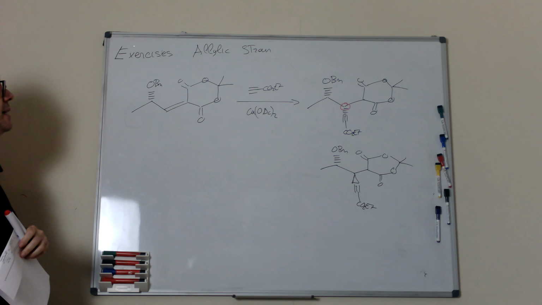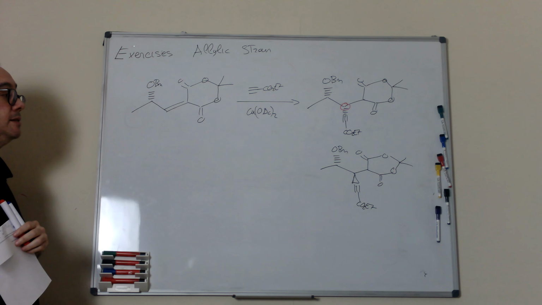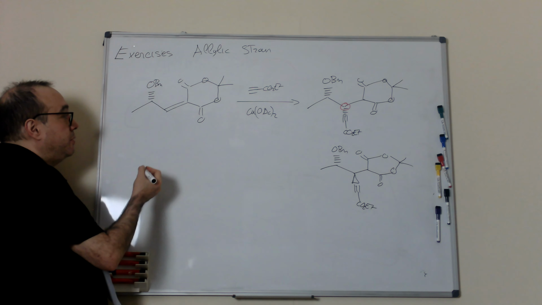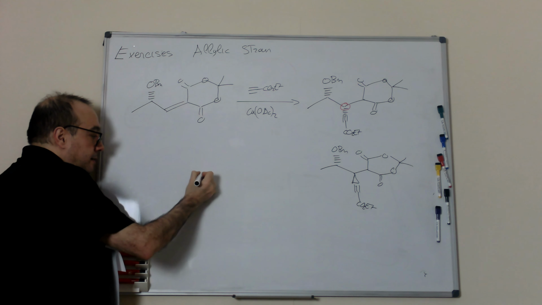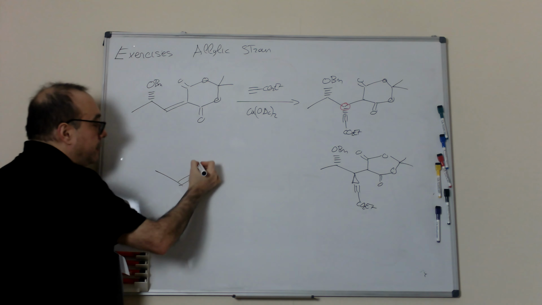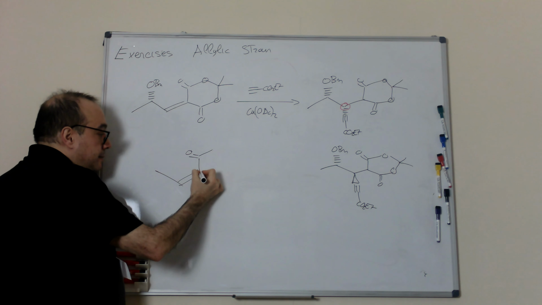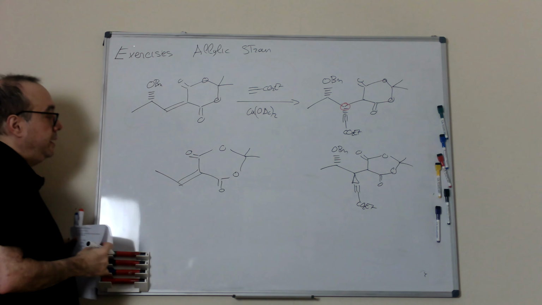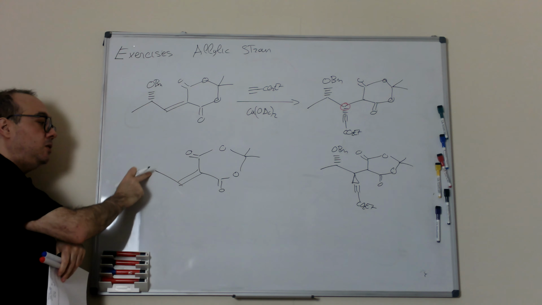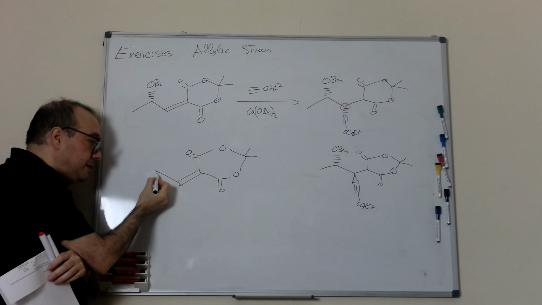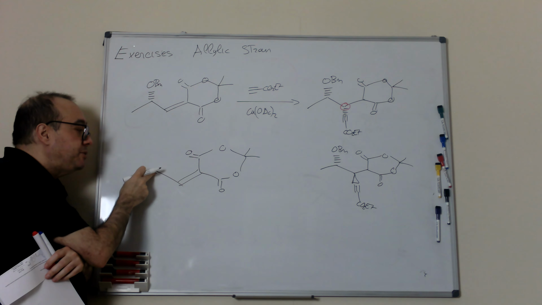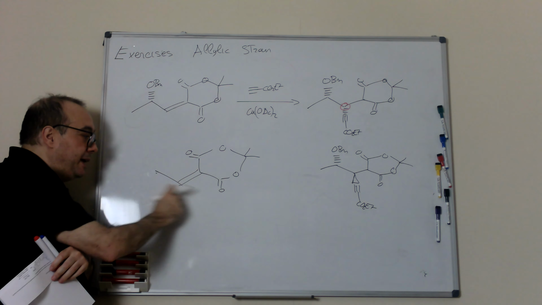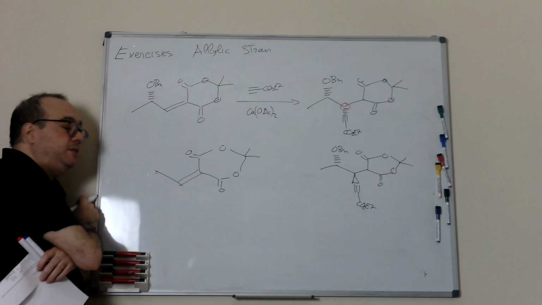And now they say that we have to draw the lower energy conformation. In this case, it is when the allylic position has the smaller substituent in the same plane of the double bond and in the same direction as the cis substituent.